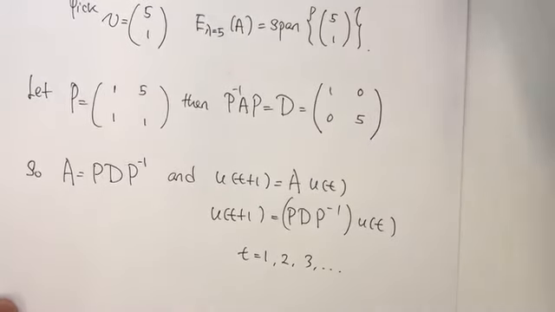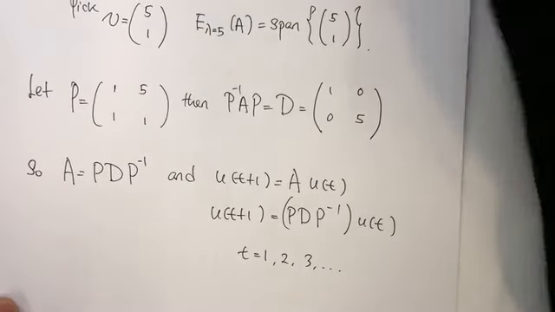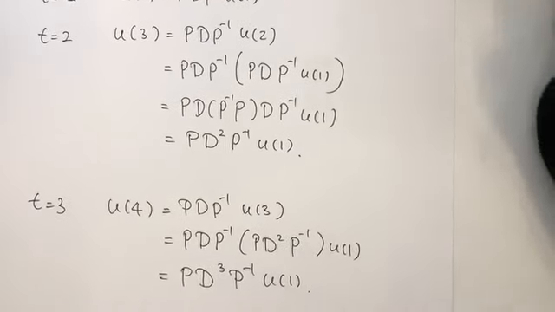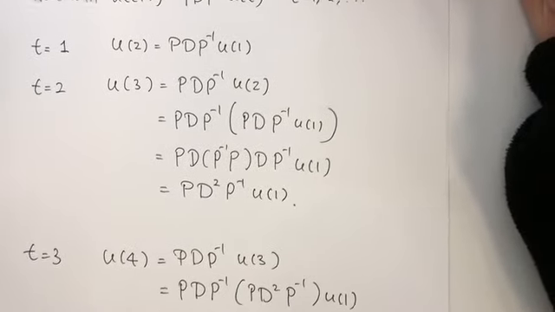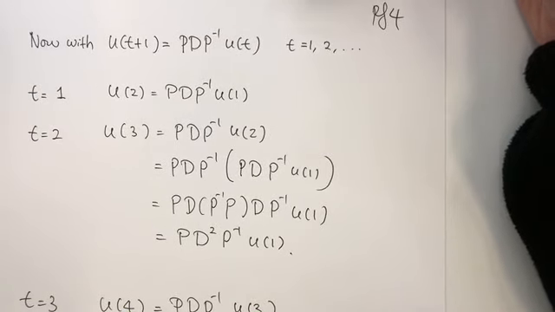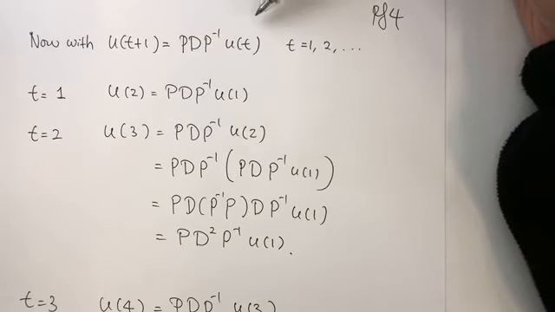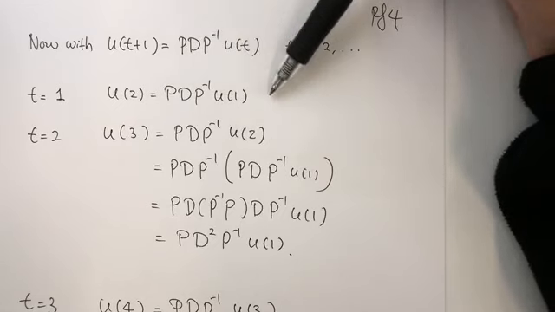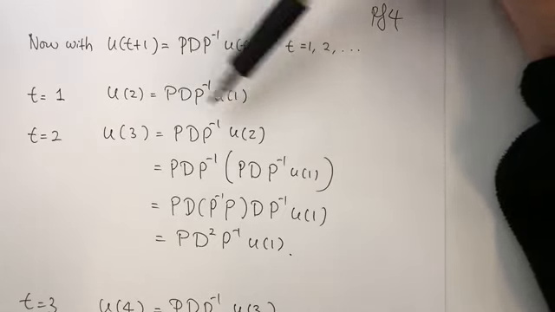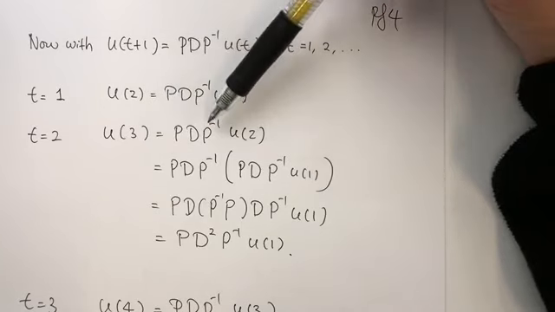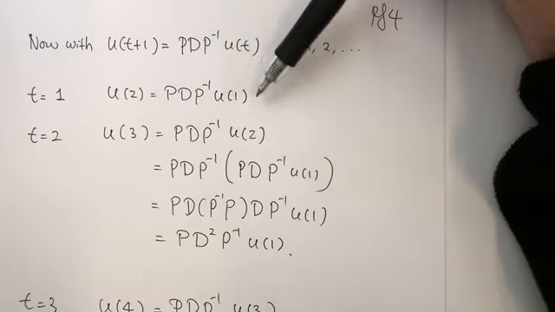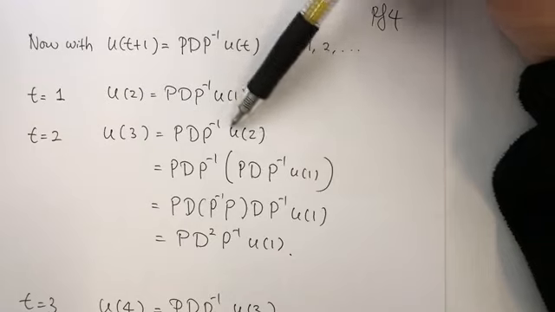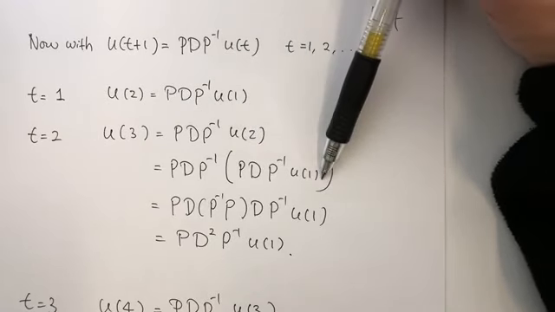That is an advantage of writing it like this. If we write A as P D P inverse and do these substitutions, for t equal to 1, for example, we have u2 equals P D P inverse u1, and u3 is P D P inverse u2. But we know what u2 is, so we substitute u2 as P D P inverse u1.